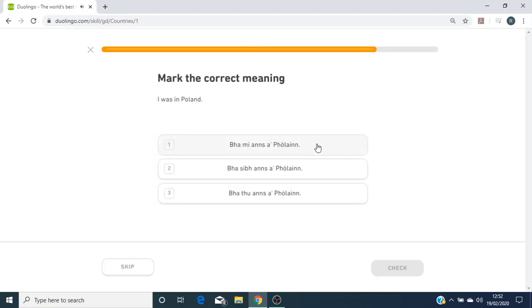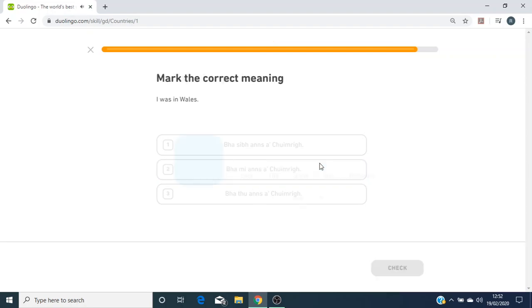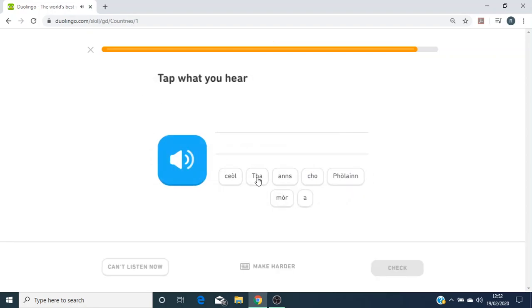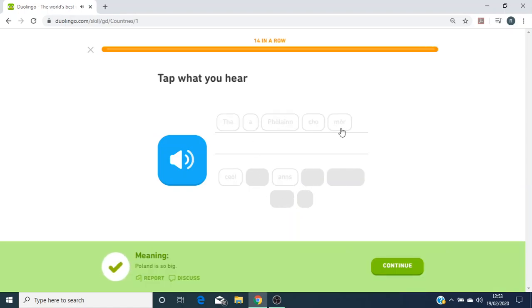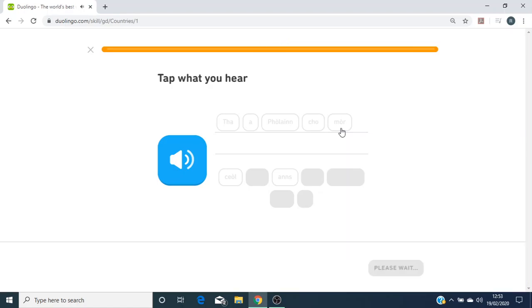I was in Poland. I was in Wales. Poland is so big. Not going to forget the article this time. So there we go. That's the first lesson of countries complete.